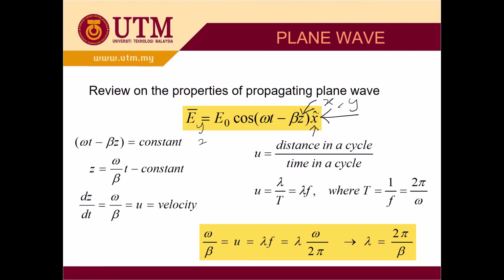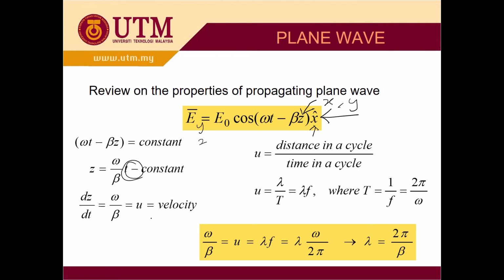When we further analyze this expression, we can say that omega t minus beta z is always a constant, and z is equal to omega over beta times t minus a constant. So dz over dt is basically omega over beta, because we have only t here.